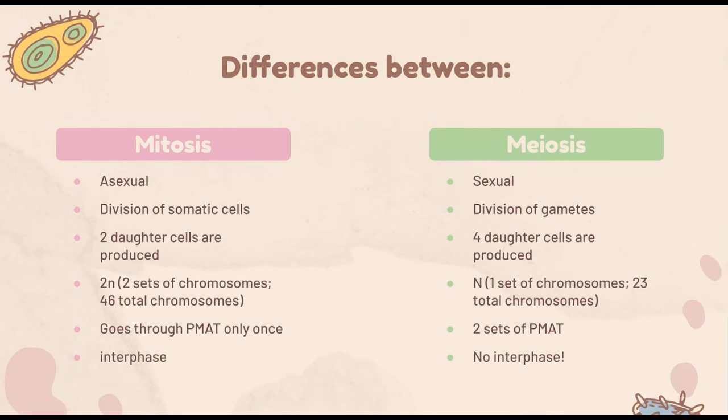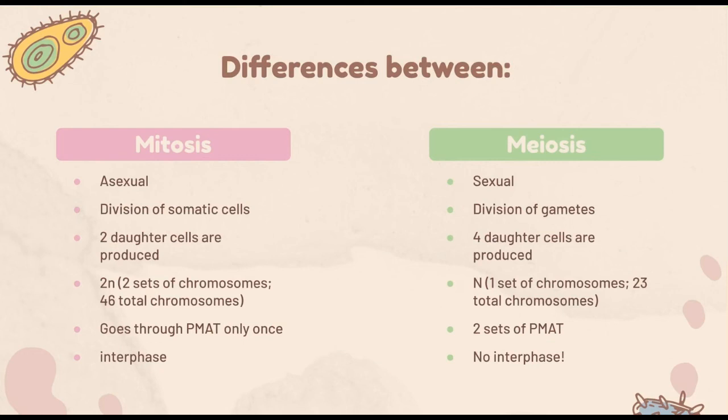We have now successfully covered both mitosis and meiosis. Here are the differences listed. Mitosis is asexual, the division of somatic cells. 2 daughter cells are produced with 2N, 2 sets of chromosomes, 46 total chromosomes, and it only goes through PMAT once, but has interphase.